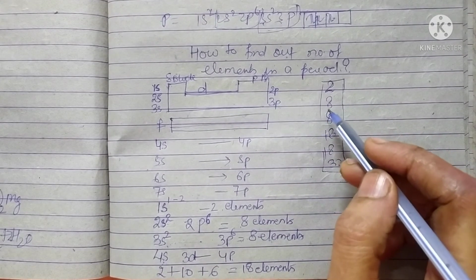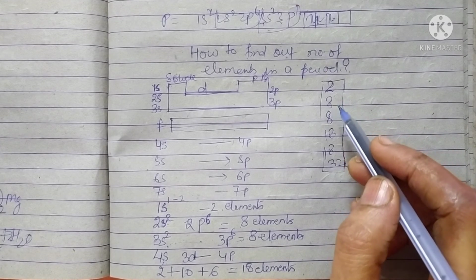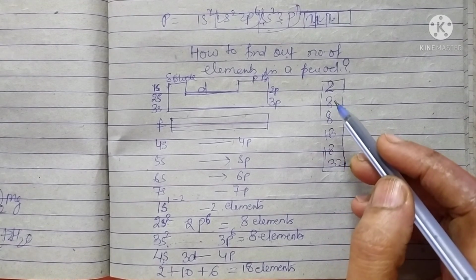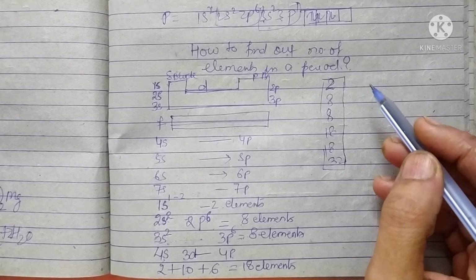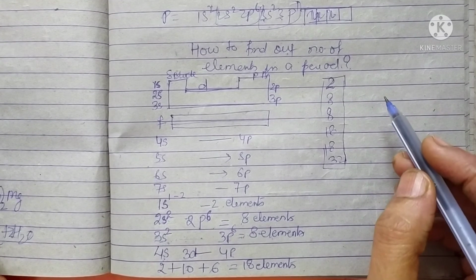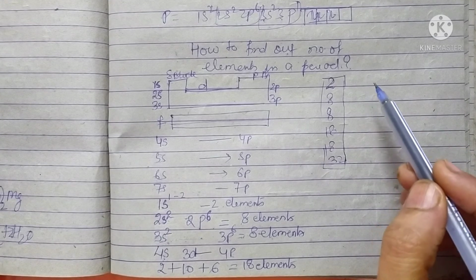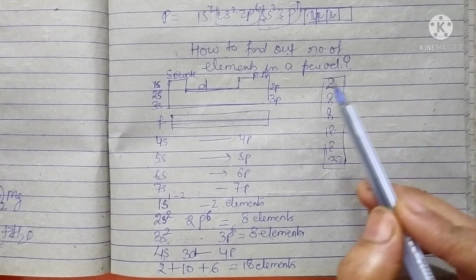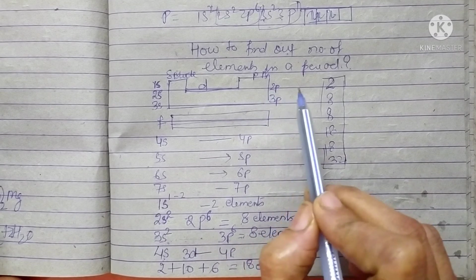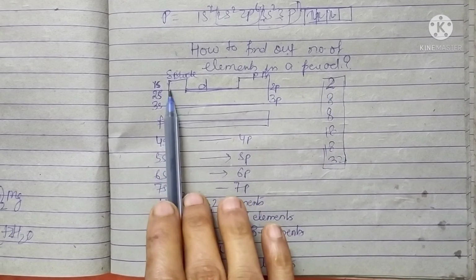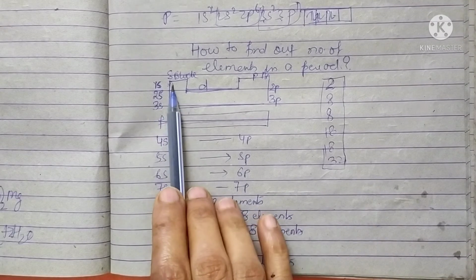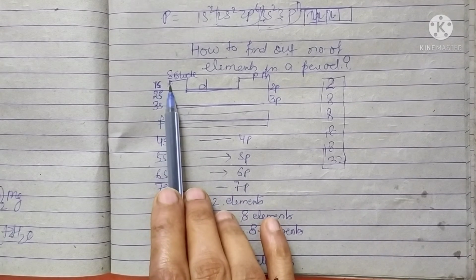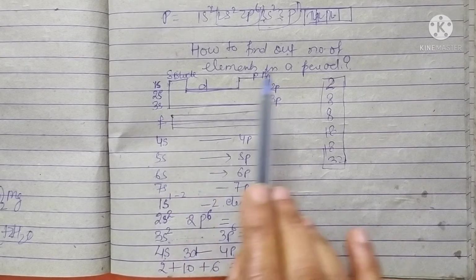We have already studied how to write the electronic configuration and the sequence of filling the orbitals according to the Bohr principle, the N plus L rule. If we consider the elements in a period, the first thing we should know is that in the periodic table any period starts from ns and always ends at np.